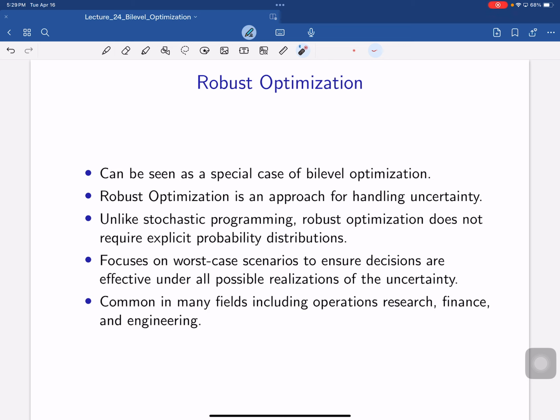To calculate the expectation, you need a probability distribution, right? Either uniform or Gaussian distribution and so forth. But in robust optimization, you are just picking the worst-case scenario. You don't care about the distribution of those parameters. Right? So that's why typically we are not talking about probability distributions. We are talking about something called an uncertainty set.